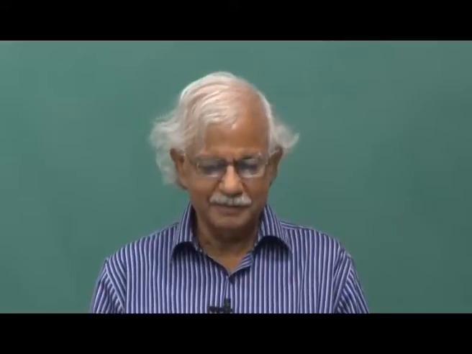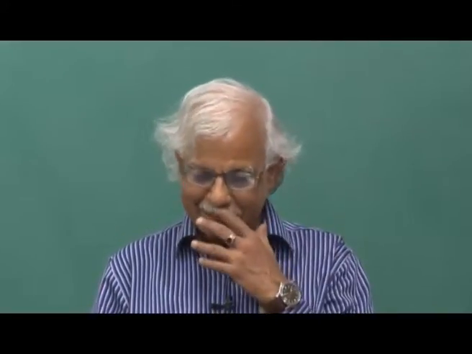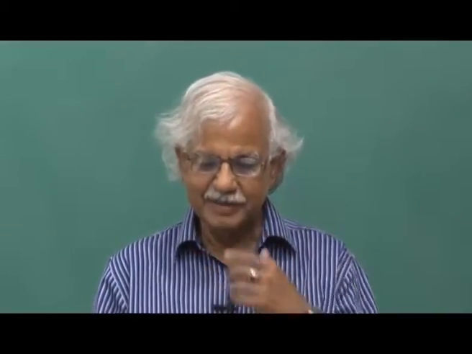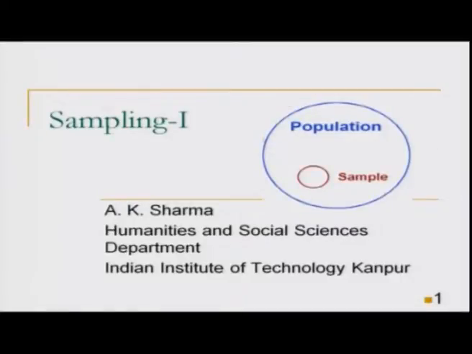more meaningfully. Now, sampling as such means there is a population, this large circle represents population, and you take some units from a part of the population. This is the sample.